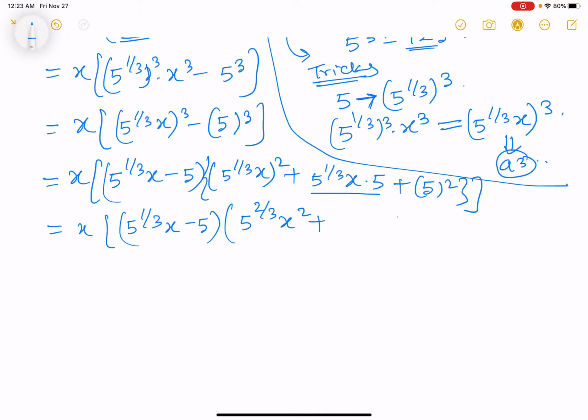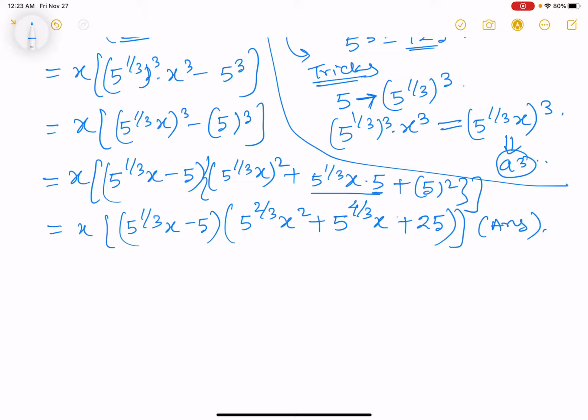So 5 is the base and their powers we simply add here. So we can write 5 to the power 1/3 plus 1. This 5's power is 1. So 1/3 plus 1 we can write 4/3 into x, plus 5 square we can write 25. So this is our final answer.